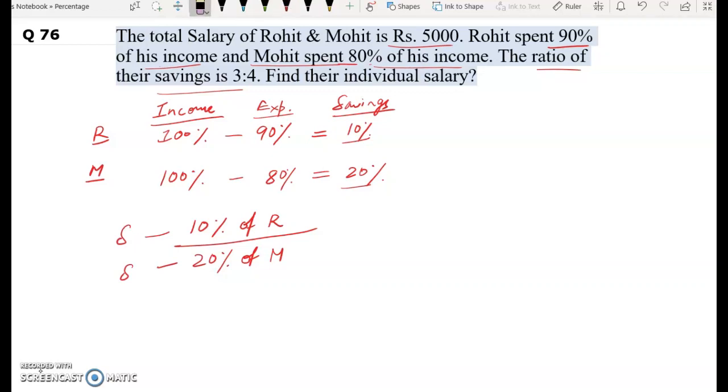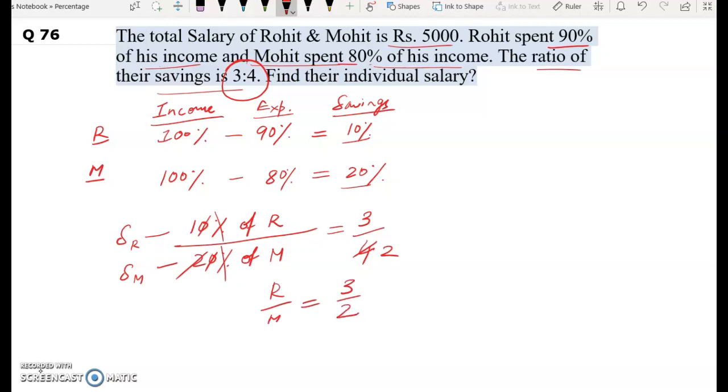This is Rohit and this is Mohit. And the ratio is given as 3:4. The ratio of the savings is 3:4. Percent will cancel out. 0, 0 will cancel out. 2 into 2 is 4. So Rohit and Mohit is equal to 3 by 2.